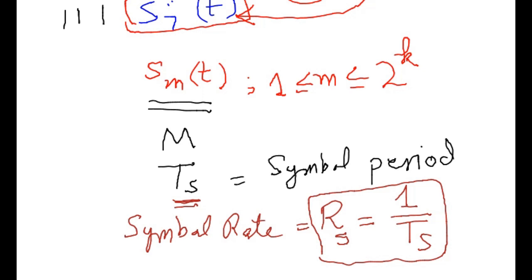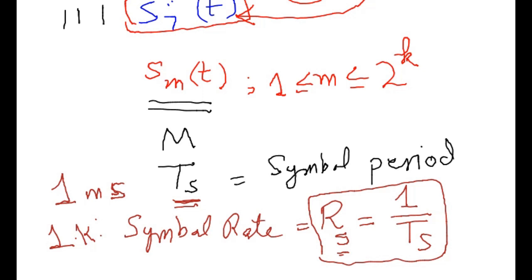If your symbol time is, for example, 1 millisecond, you can compute your rate. It means you may be transmitting at a rate of 1 kilo symbols per second, because this is the symbol rate.